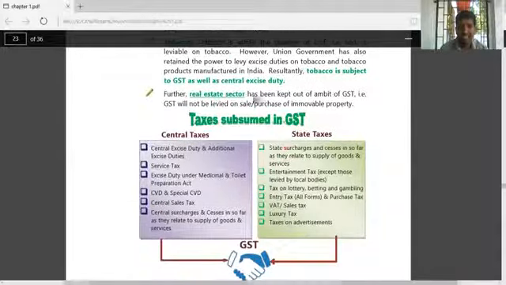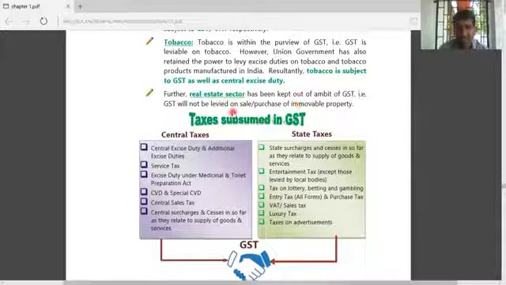Now, the real estate sector has been kept out of the ambit of GST. That is, GST will not be levied on sale or purchase of immovable property. For example, if we are going to purchase a flat that is already fully completed, there is no GST applicable on such sale of immovable property.